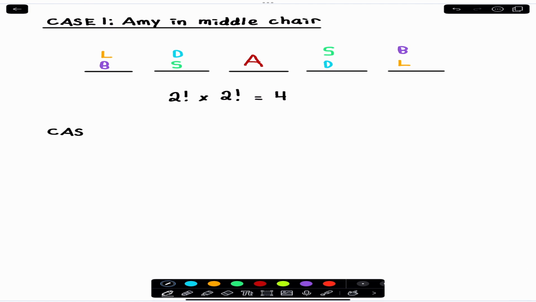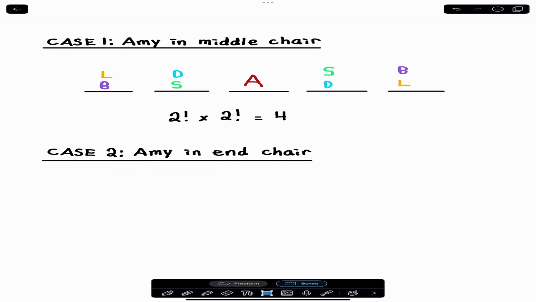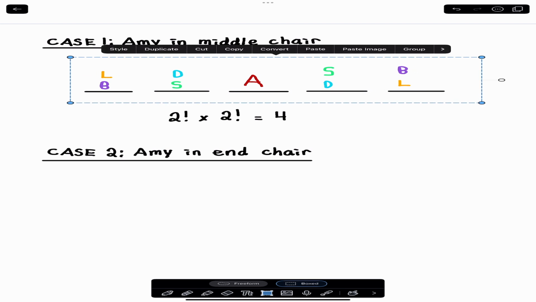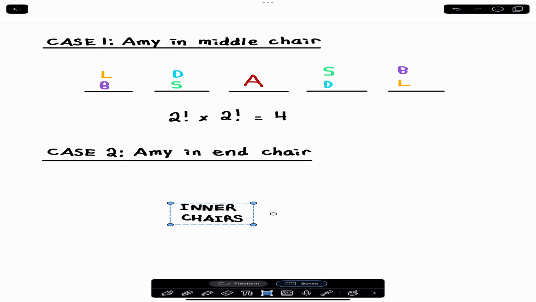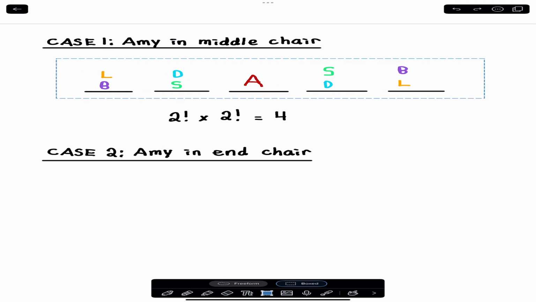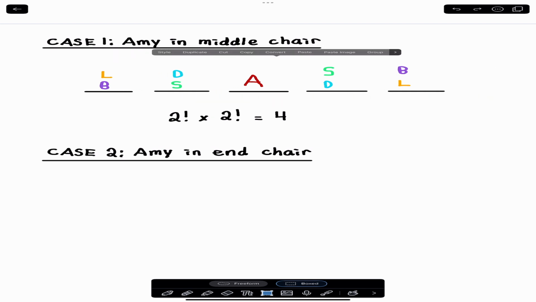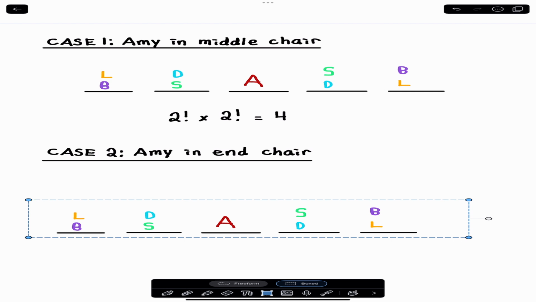Amy does not have to be in the middle. Let's see what happens when Amy is at the end. So she is at the far end of the row. So I'm just going to take this. Did not copy that. There we go.